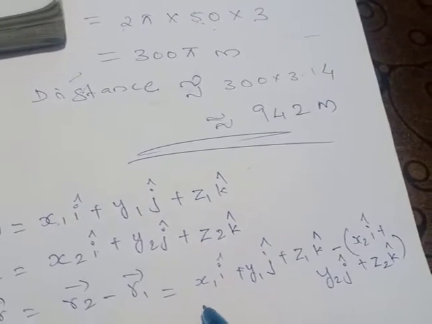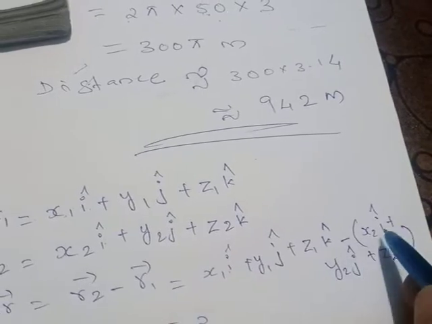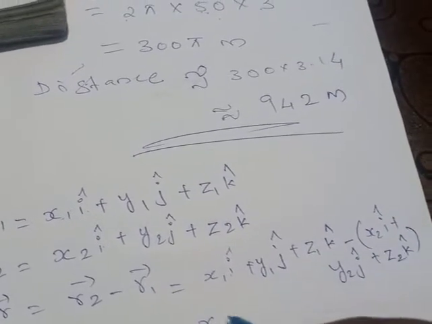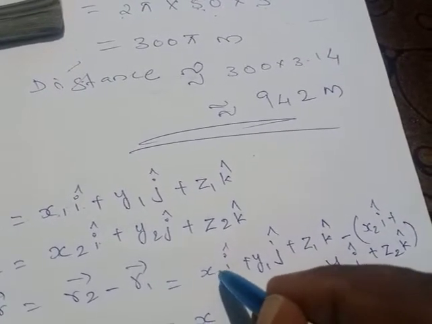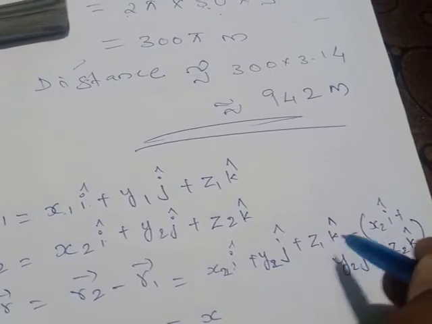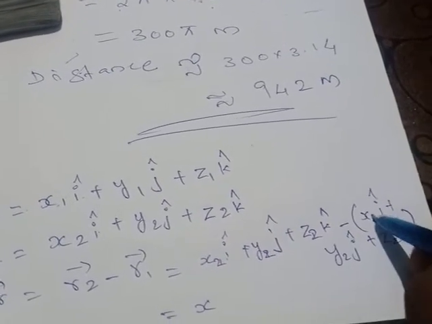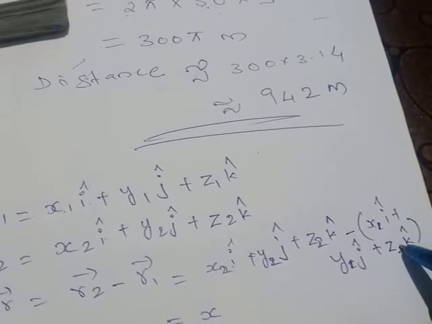If you are taking the difference, i is common, so you can write 2 here and 1 here, because it is r2 minus r1.